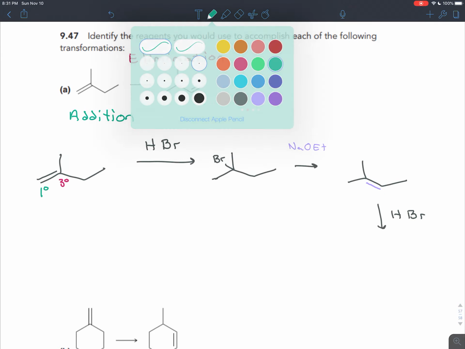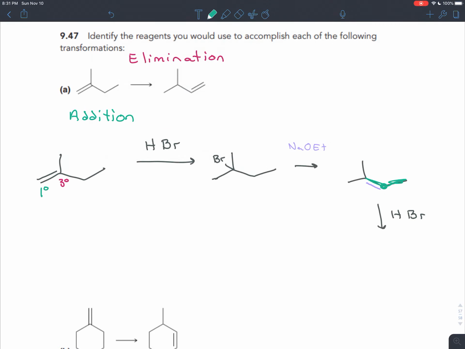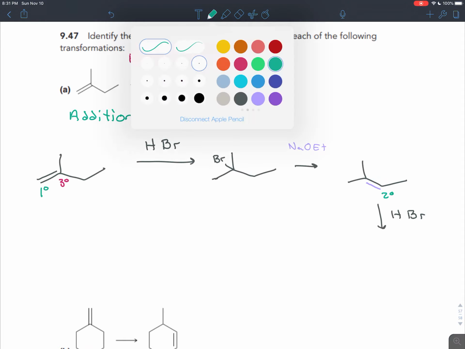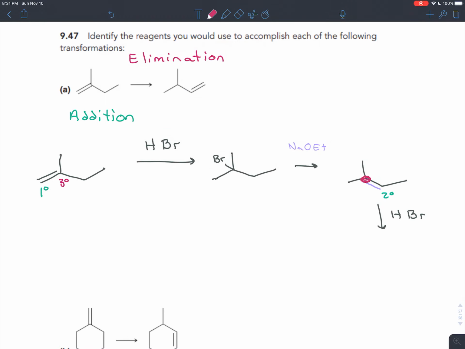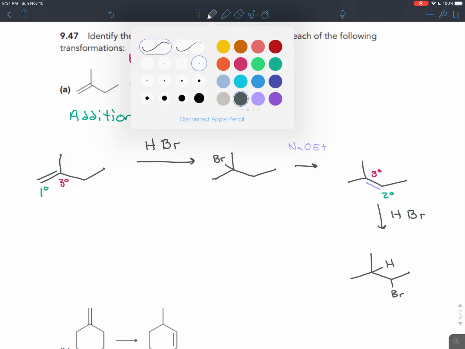Now that carbon is bonded to two other carbons, so it is secondary. The other carbon in the pi bond, this one, is bonded to 1, 2, 3 carbons, so it is tertiary. In other words, we want the bromine to go to the less substituted carbon, and the hydrogen to go to the more substituted carbon.